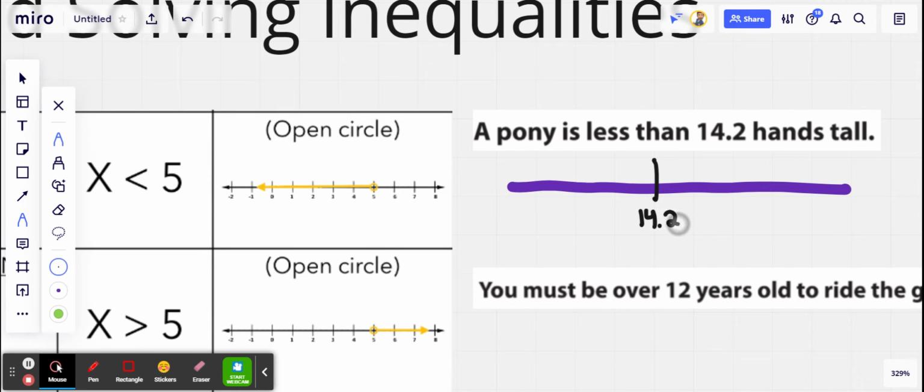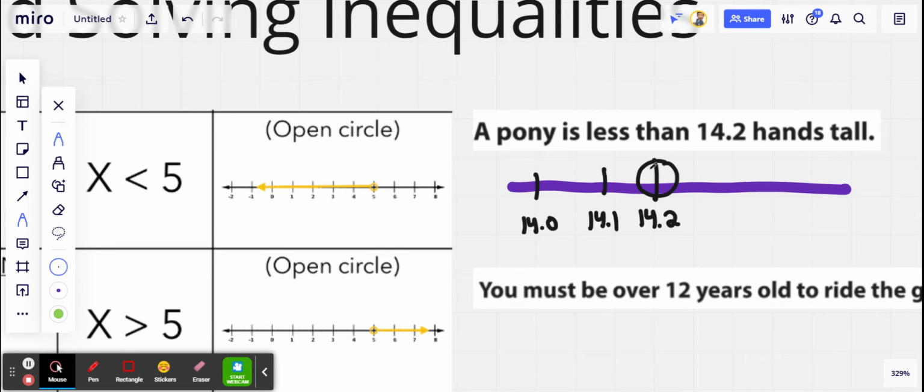So if it's less than 14.2 hands tall, we're going to circle it just like here. We would circle this number on a number line. And here would be 14.1. Here would be 14.0.